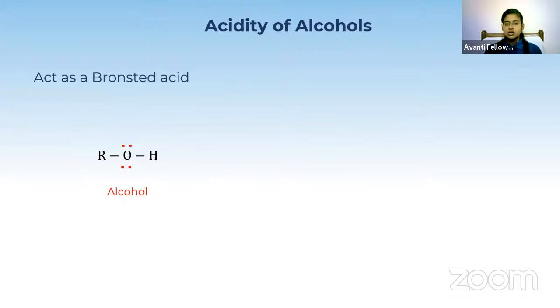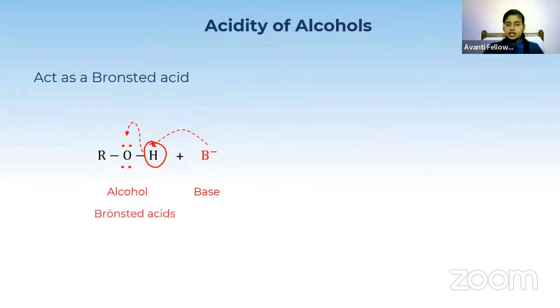So this is an alcohol and H plus is the proton. If I treat this alcohol with the base, okay, B minus is a base, that will go and abstract the hydrogen, and the electrons which are present between the oxygen and hydrogen bond will get shifted to oxygen.